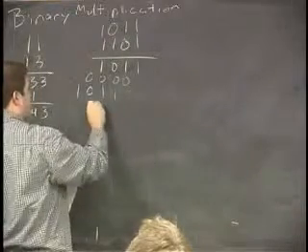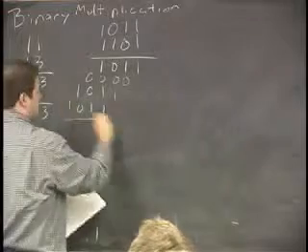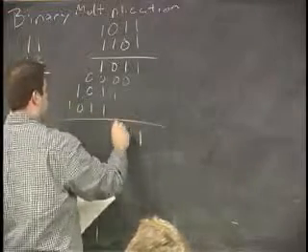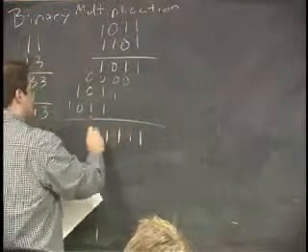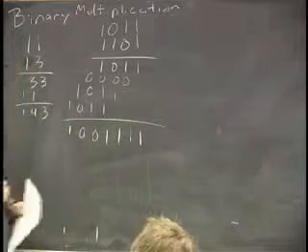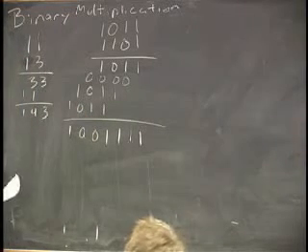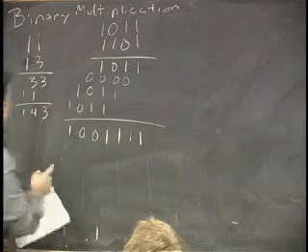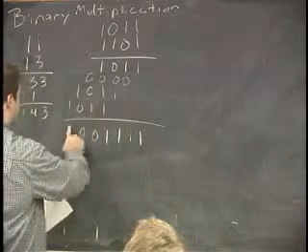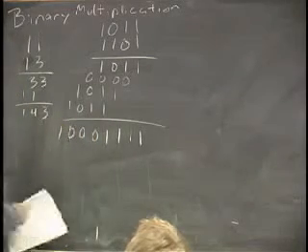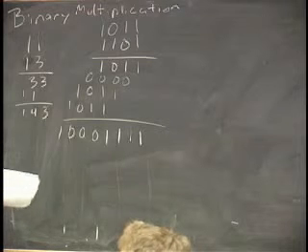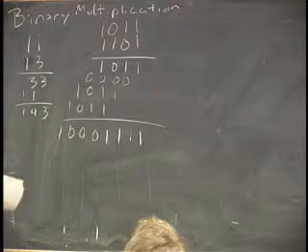Multiply 1 times that, 1, 1, 0, 1. And add: 1, 1, 1, 1, 0, 0, 1. Did you forget a carry? Yes, I did, the second to the last on the left. That's right, okay.